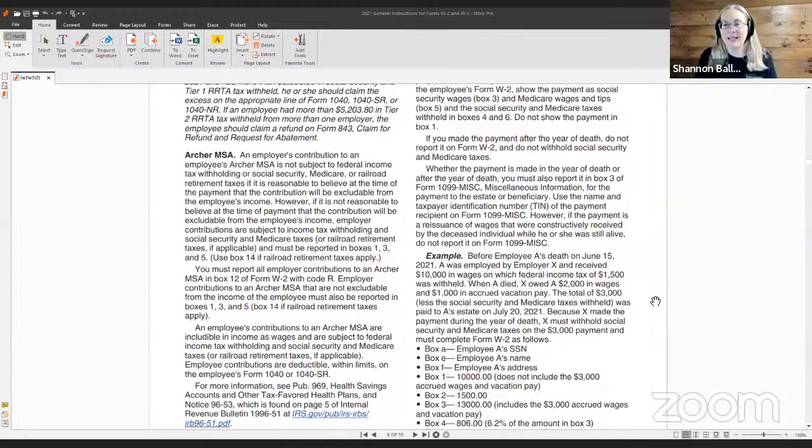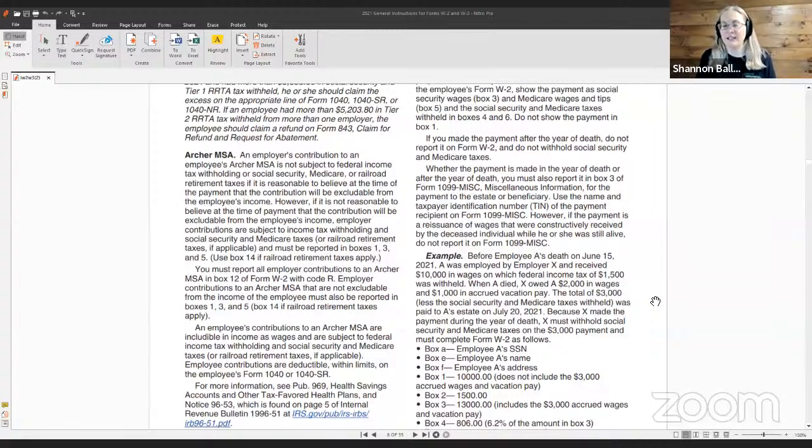Use the name and taxpayer identification number of the payment recipient in Form 1099 miscellaneous. However, if the payment is a reissuance of wages that were constructively received by the deceased individual while they were still alive, do not report it on Form 1099 miscellaneous.